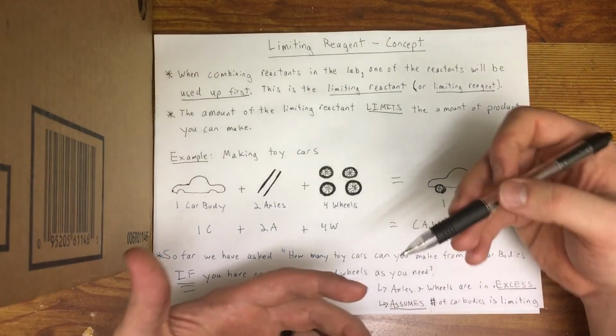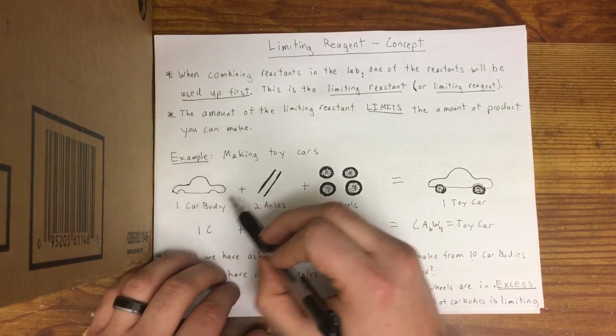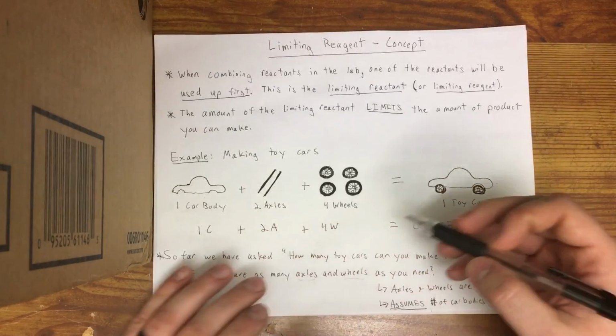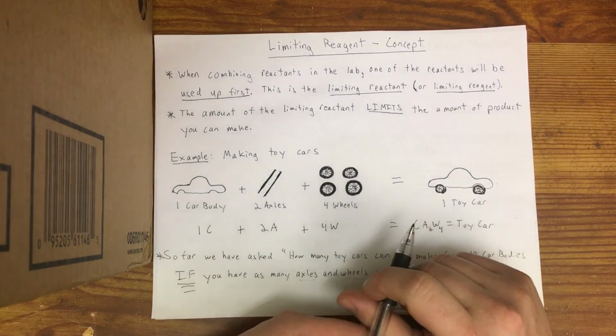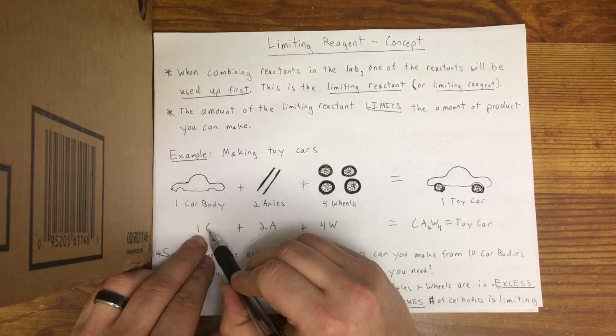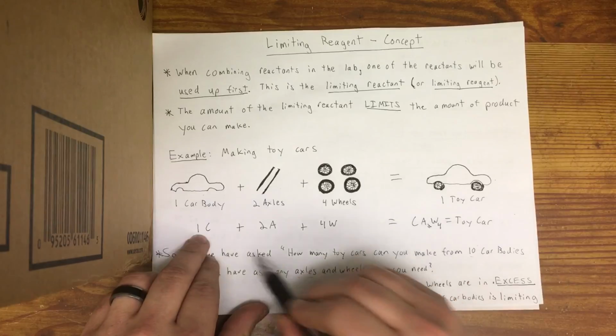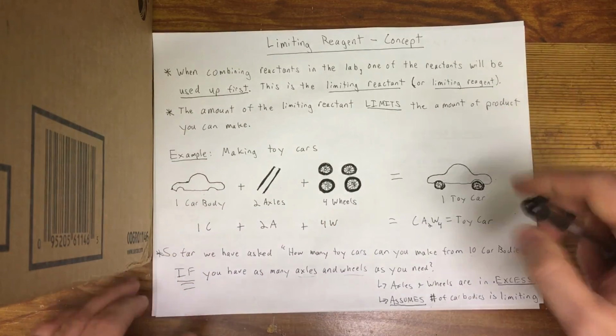Well, logic goes to state that we would be able to make 10 cars, right? 10 car bodies, and all the axles and wheels that we need would make 10 cars. That's awesome. That's what we've been doing so far, stoichiometrically determining that the car bodies and toy cars are in a 1-to-1 ratio. So if we have 10 car bodies, we'll make 10 toy cars.